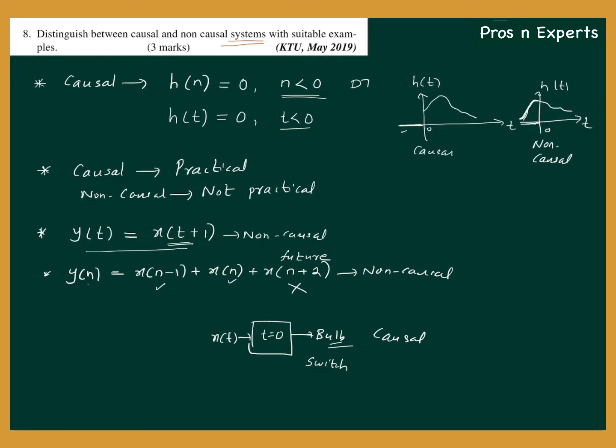It's like a ghost in your room. That is not practical. I swear ghost stories are all fake. These are non-practical. So causal systems are systems where the output never depends on future values of the input. That explains this question neatly.